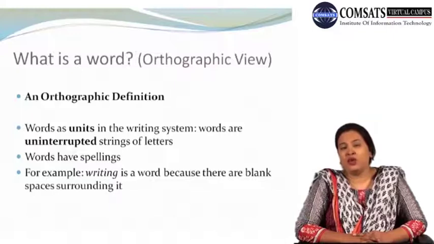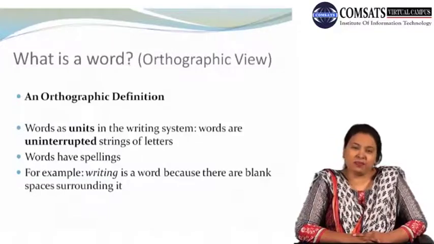When we read it, every single combination of letters, we will treat them as words. And this treatment is based on the fact that we know that in written language, every word is separated from every other word with the help of spaces.